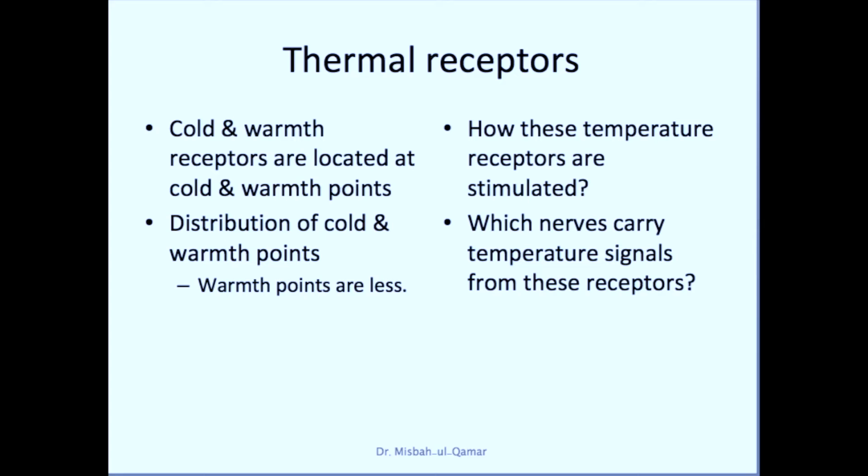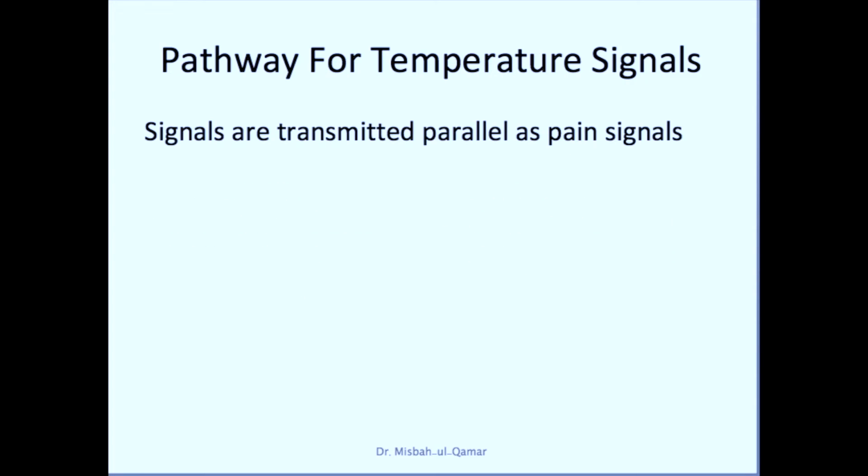And by saying that, we will jump to the pathway for the temperature signals. Interestingly, the thermal signals are transmitted in almost parallel but not exactly the same pathways as the pain signals.